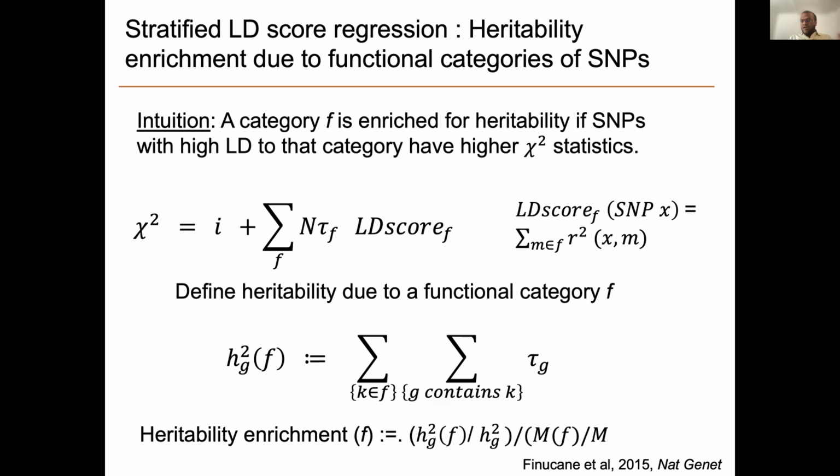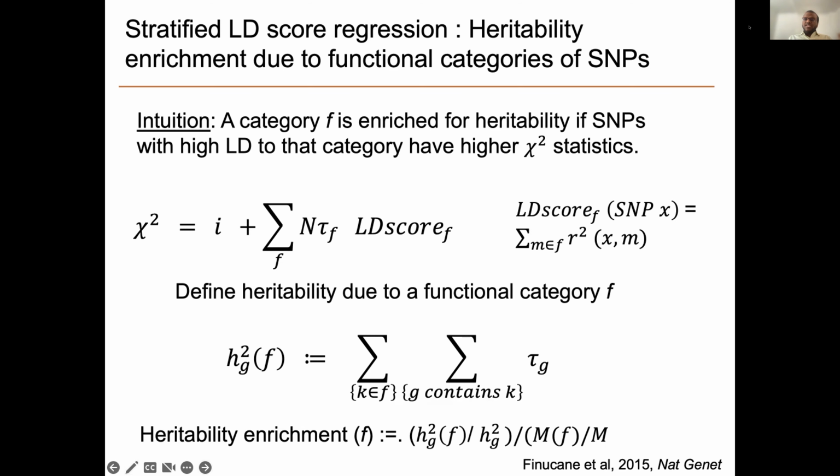If you have an estimate of h g squared F, you can look at the per SNP heritability in that category, which is h g squared F divided by M F, where M F is the number of SNPs in the functional category F. And you can compare that with the genome-wide per SNP heritability, which is h g squared divided by M. That will give you the overall estimate of the heritability enrichment for that particular category.